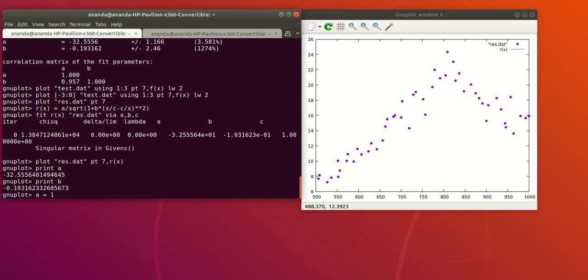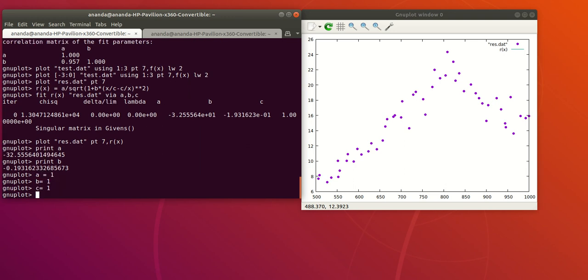I had actually started with a b value of minus 0.19. That was where the problem really came about. Remember, this b was already there from a previous fit. As you can see, b was minus 0.19 from the previous attempt to fit the straight line to the parabolic data. Let's start with the default values which gnuplot would usually have given a, b and c if I had not used a and b for another purpose before.